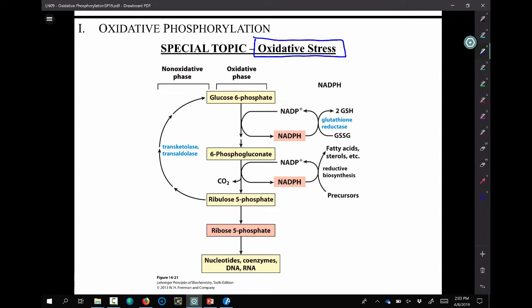FADH will feed into it as well in a variety of places, leading to the reduction of ubiquinone, making ubiquinol. That's how electrons get into the chain. The only way electrons get out of the chain is through oxygen. So you first have to have a supply of oxygen, and then you have to have a proper flux through the transport chain for a continual turnover of electrons going on to oxygen. If that flux gets out of balance, you can get an accumulation of electrons in the chain, and that can lead to the production of reactive oxygen species.